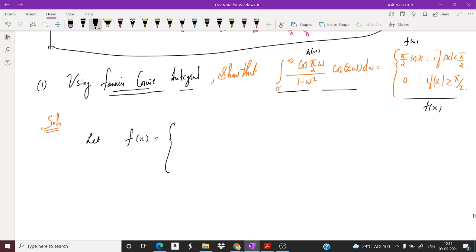So f of x is the right hand part, that is pi by 2 cos x if mod x less than pi by 2, 0 if mod x greater than or equal to pi by 2.